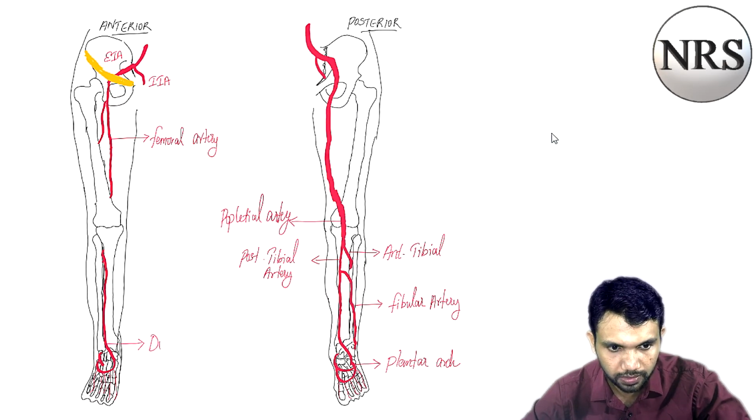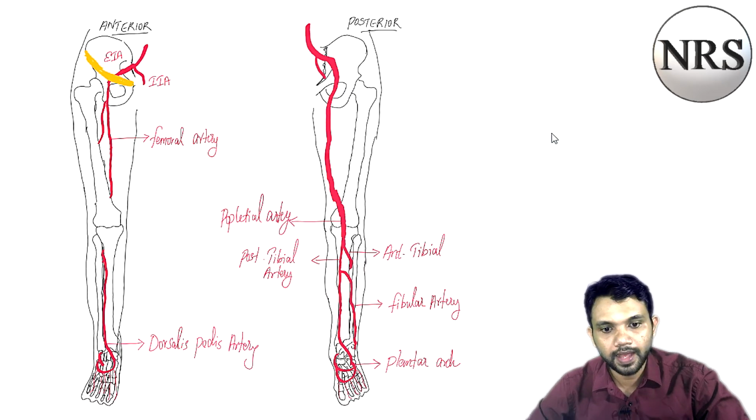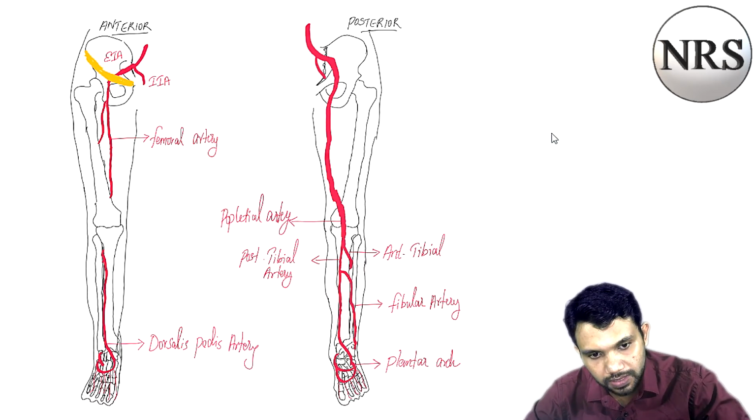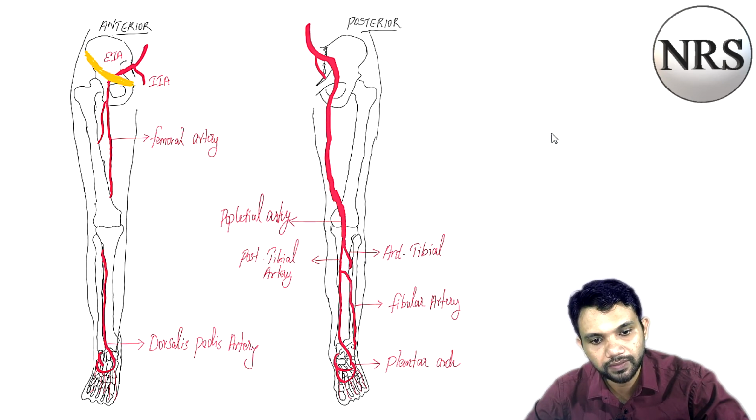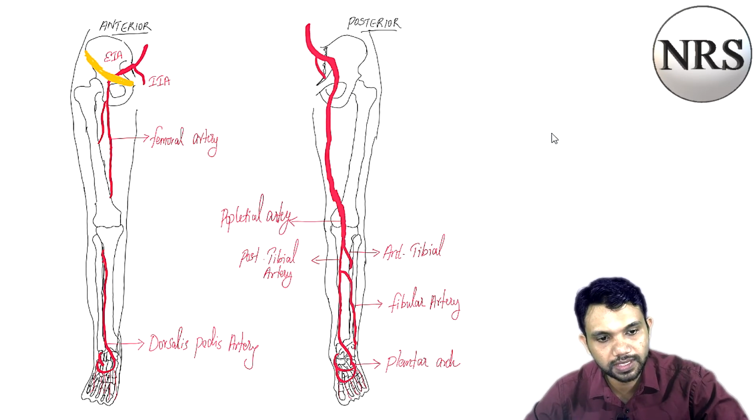And the posterior tibial artery will be giving a branch called the plantar arch, and after this they will supply the digits.